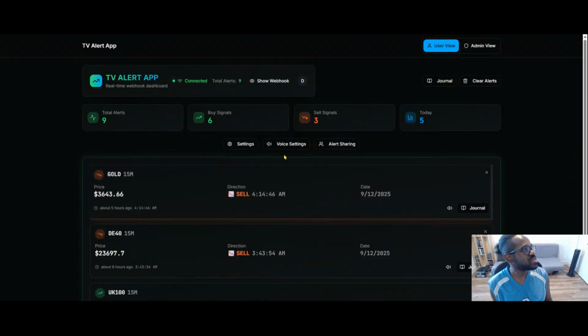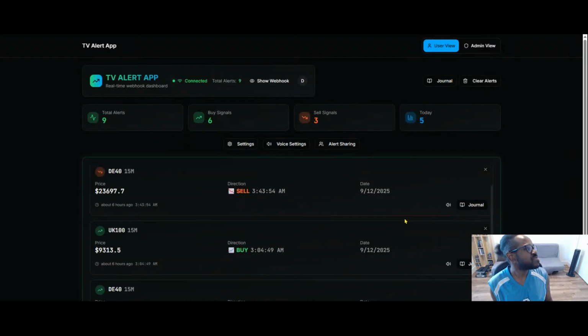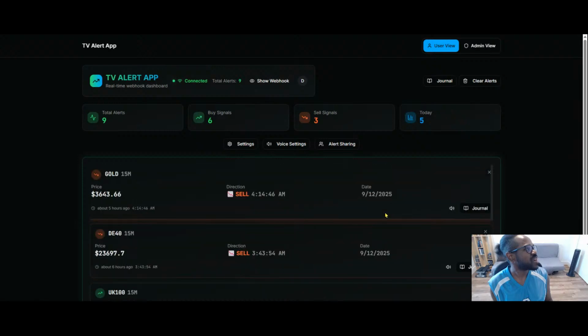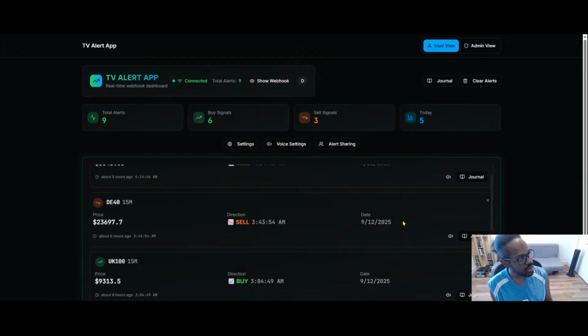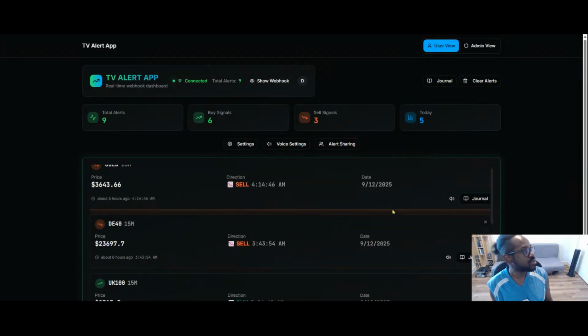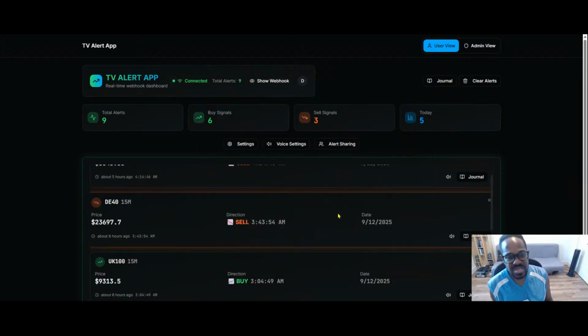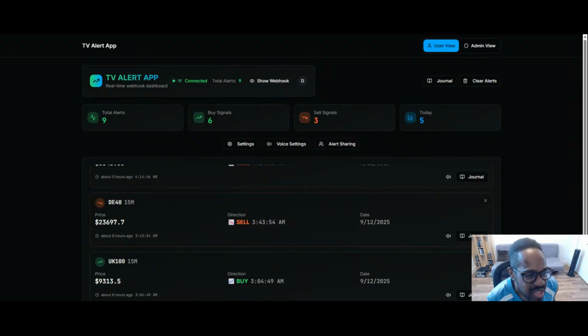So you're going to receive the alerts on that, and those are the recent alerts that we receive. How it works is that you receive the alert, you see the direction, the price, and the actual symbol. It will tell you all of that here through AI. And those were the recent logs that were done.